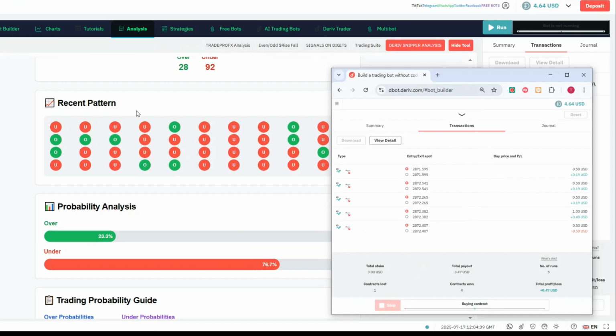We said it is already at 70, then you run for like 5 runs, then you stop the market immediately. That's how you use this Trade Pro FX analysis tool, the deriv sniper analysis. That's how you do it, and then scoop your profits, get out, and call it a day.